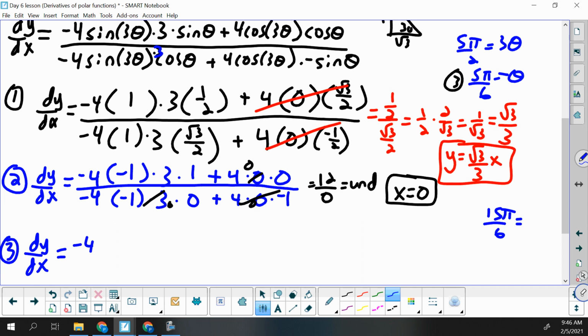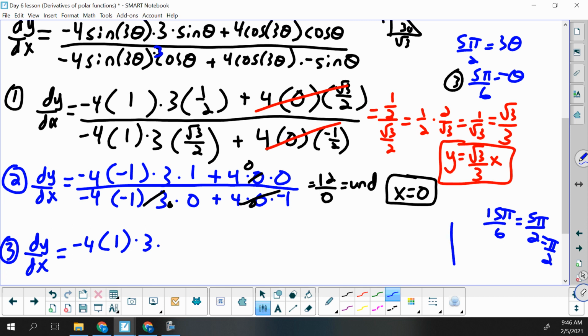Well, if you divide those both by 3, you'll get 5 pi over 2. And that should be the same stuff as when you are at pi over 2. So we're going to have negative 4 times 1 times 3 times sine of 5 pi over 6.